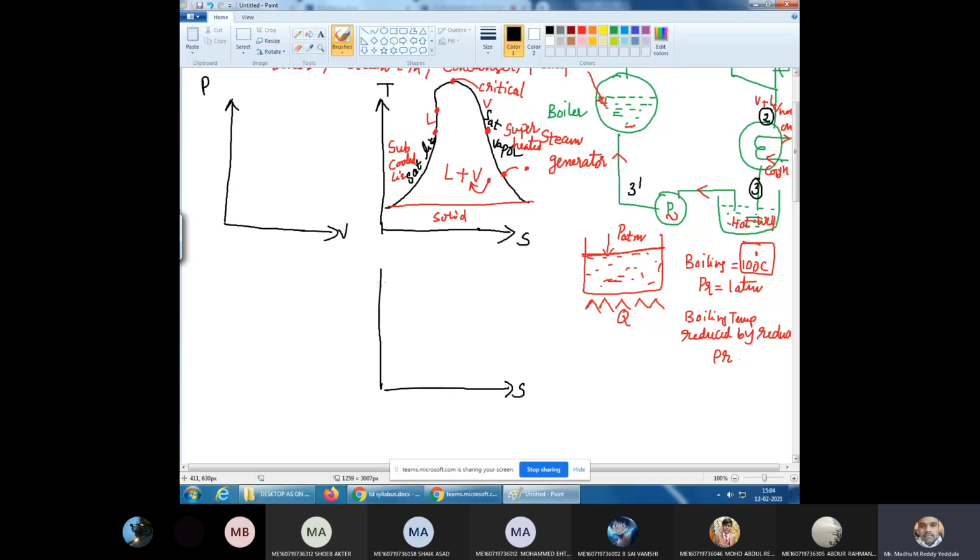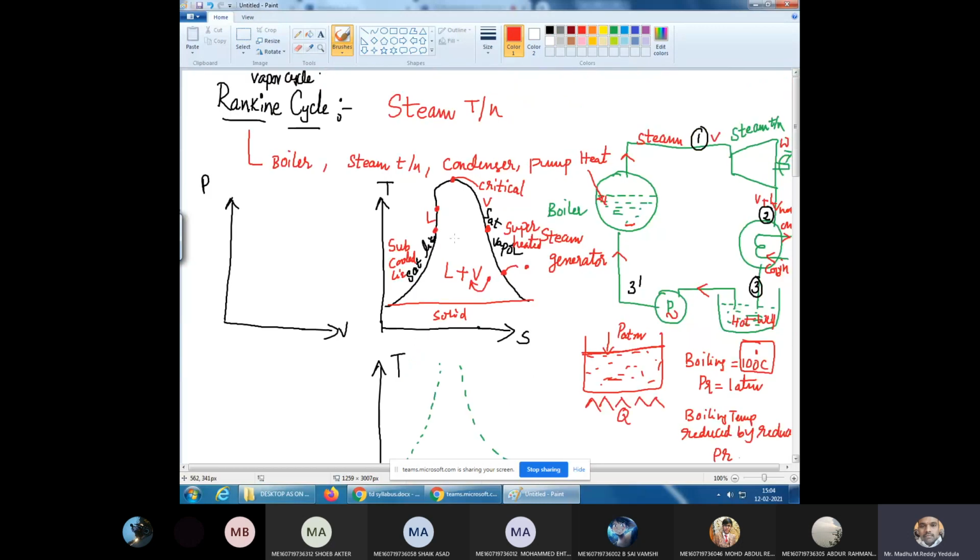So we are discussing the Rankine cycle, the TS diagram. As we know, this is the saturated liquid line, and we have the saturated vapor line. Now tell me, what is the state at 1?